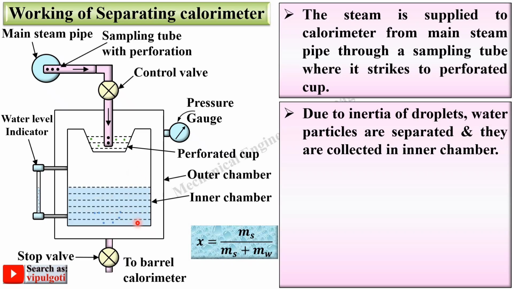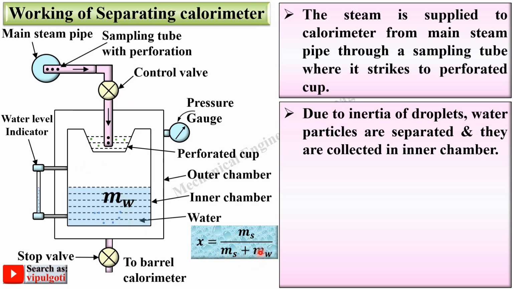So gradually the level of the water increases in this inner chamber, and that is sensed by this water level indicator. From this water level indicator you can exactly determine the quantity of water inside the inner chamber. So this is the mass of the water, mW.